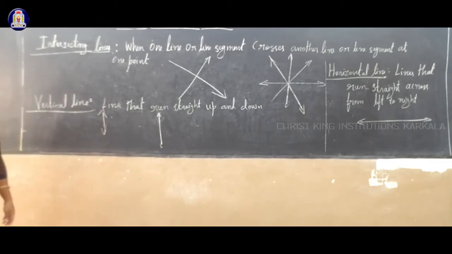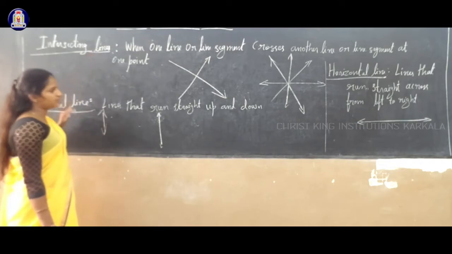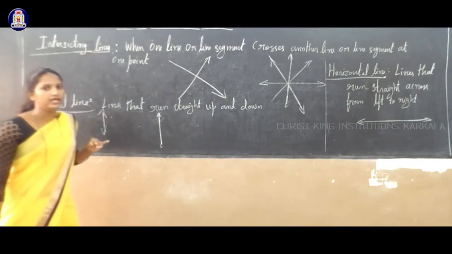Okay, next, intersecting lines. What is the meaning of intersecting lines? A vertical line and a horizontal line.